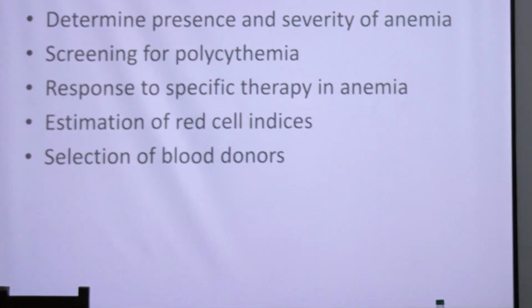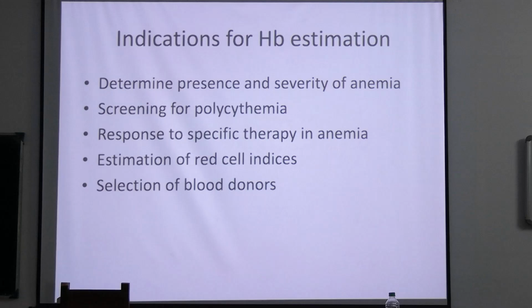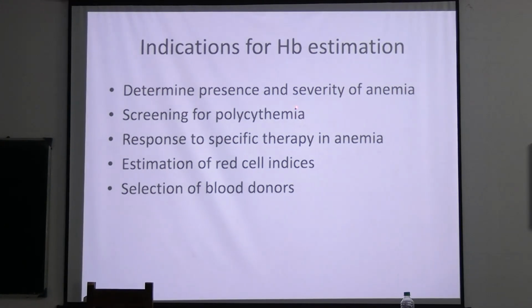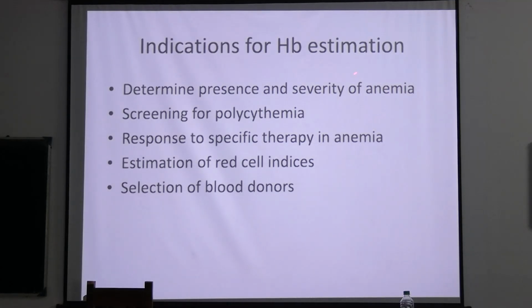So, what are the conditions when a hemoglobin estimation is indicated? So, you have to determine the presence of anemia. This will come to you as OSPE. Suppose a 30-year-old female comes to you with fatigue, headache, dizziness, and says that I am not feeling well, I have fatigue, dizziness, I have frequent headaches.